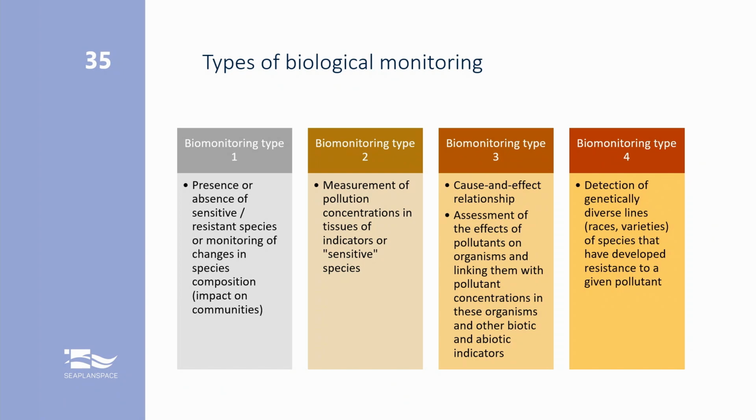Here we are looking at the various changes that can be informing us about the quality of environment in which specific organism is actually living. And finally, the most modern biomonitoring type 4, which is based on detection of genetically diverse lines of species that developed resistance to a given pollutant. They basically already evolved to tolerate specific substances.